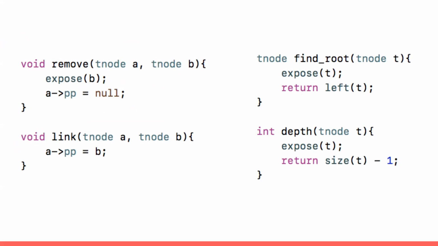We want to remove some edge, we want to add some edge, and we want to find the root and find the depth. So we can add and remove edges, but only if each time there will be no cycle. So there will be a set of trees. If there is a cycle, it will not work.